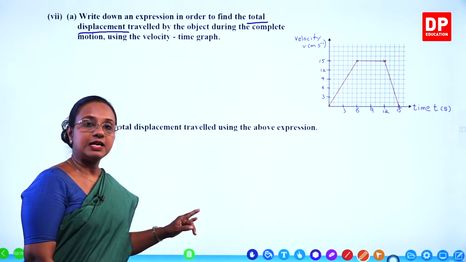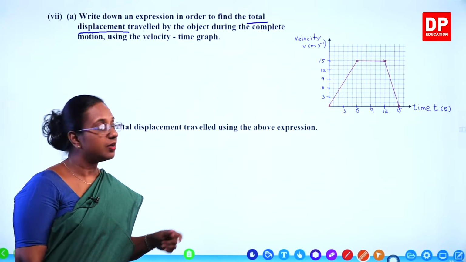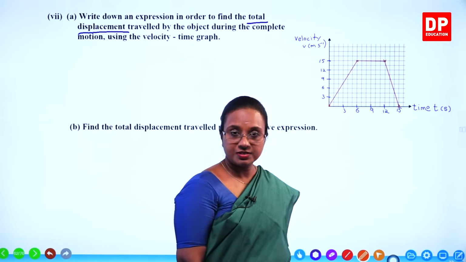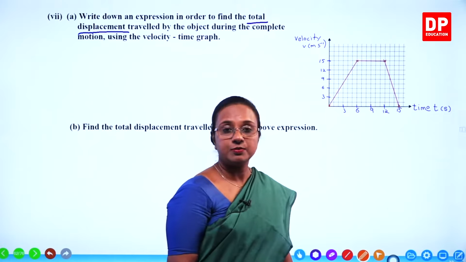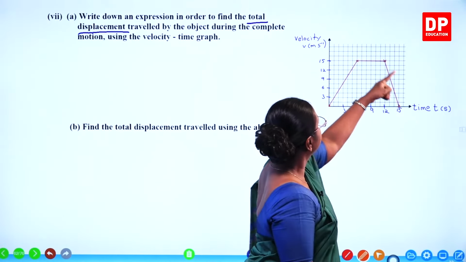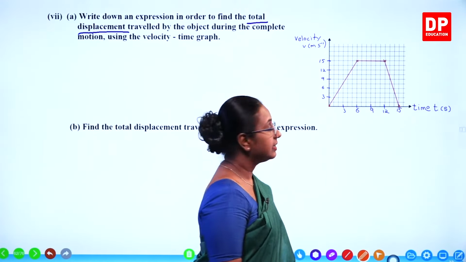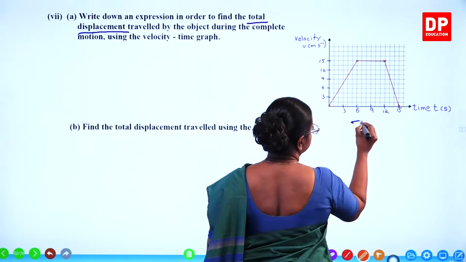Now all this time we calculated the area under the curve. We saw for acceleration and deceleration, it was triangles, and for uniform velocity, it was a rectangle. But as a whole, if we take this full graph, you can see the shape is a trapezium.